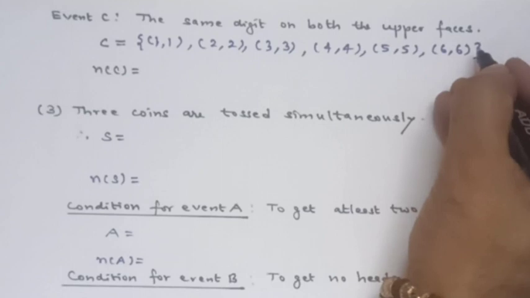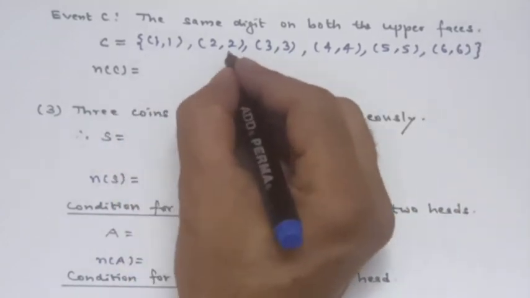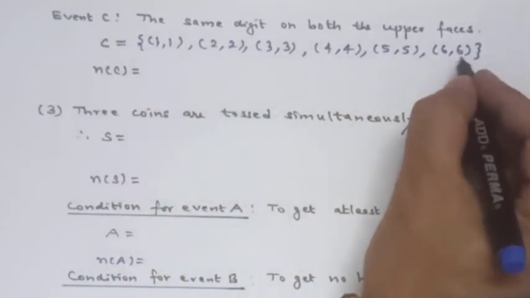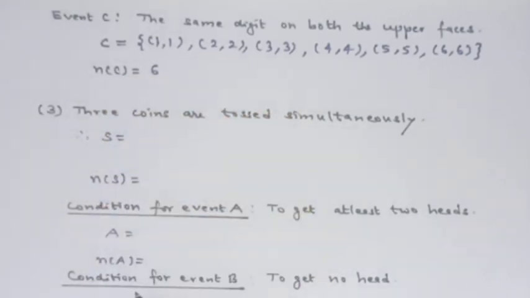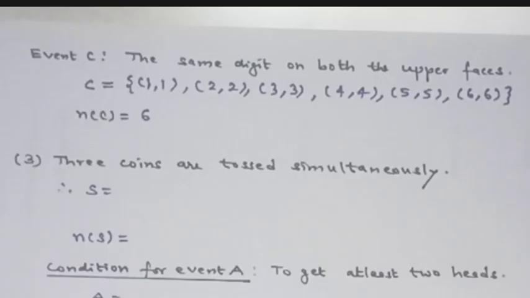That's all. 1, 2, 3, 4, 5 and 6. 6 cases where both the digits are the same on both the upper faces of the dice. Total 6. nC is equal to 6.